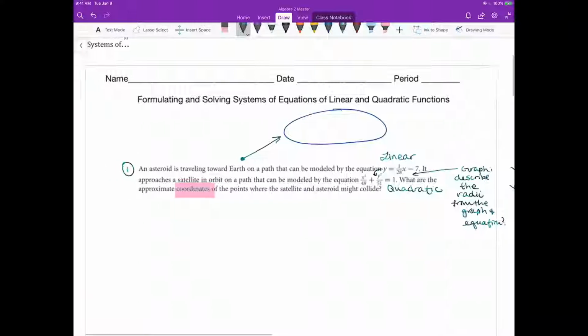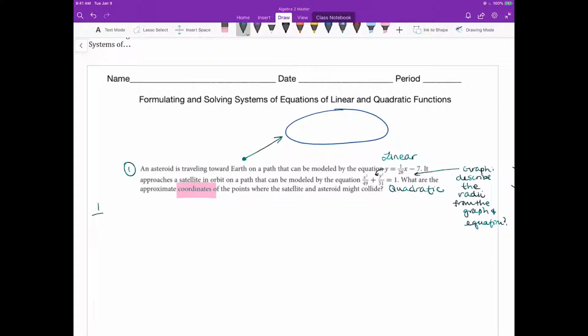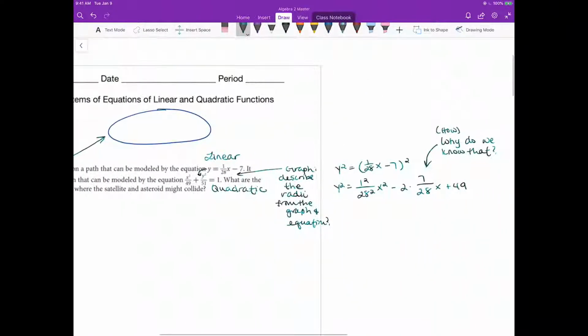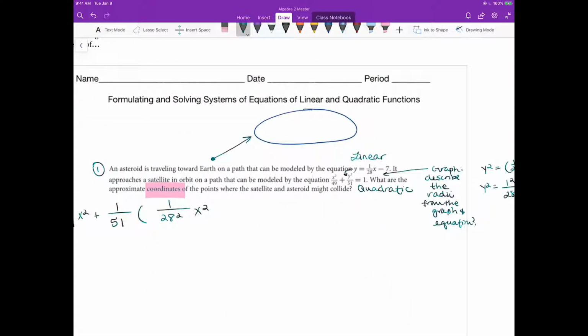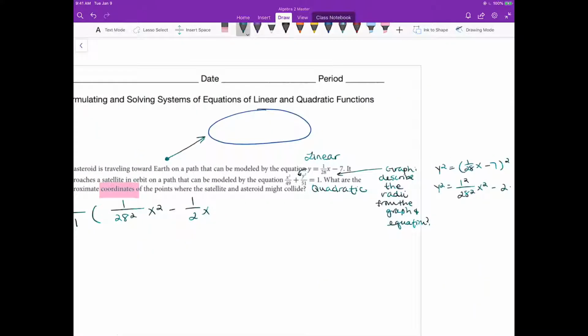So we have 1 over 49x squared plus 1 over 51 times 1 over 28 squared x squared minus 1 half x plus 49.